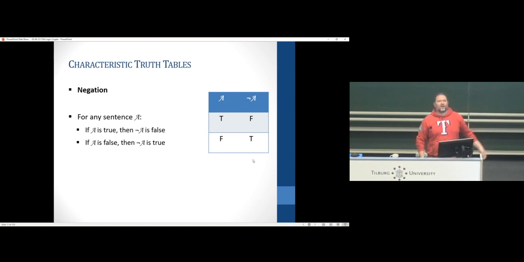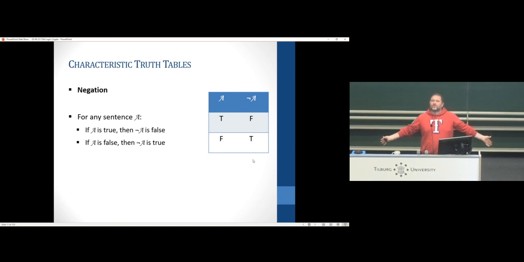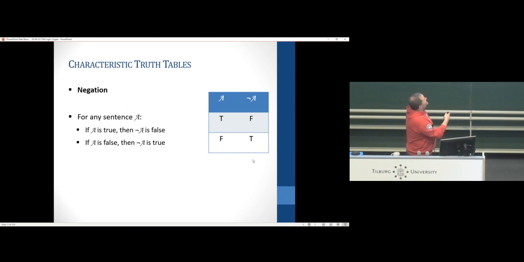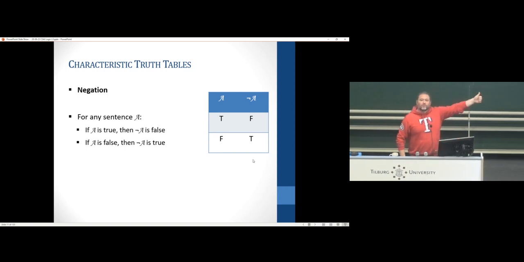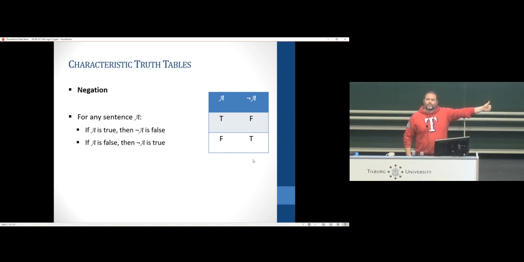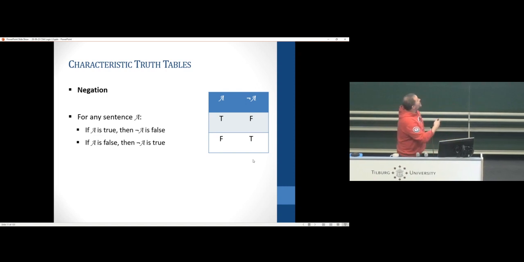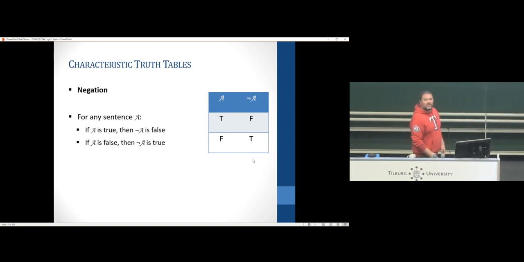We don't really care if A is atomic or as complex as you like. There's only two possibilities. It's on or it's off. And a negation works by flipping. If we feed in a true, it spits out a false. If we feed in a false, it spits out a true. Again, we don't care how complex that sentence is. If you slap a negation on the front of it, it's going to flip the truth value.